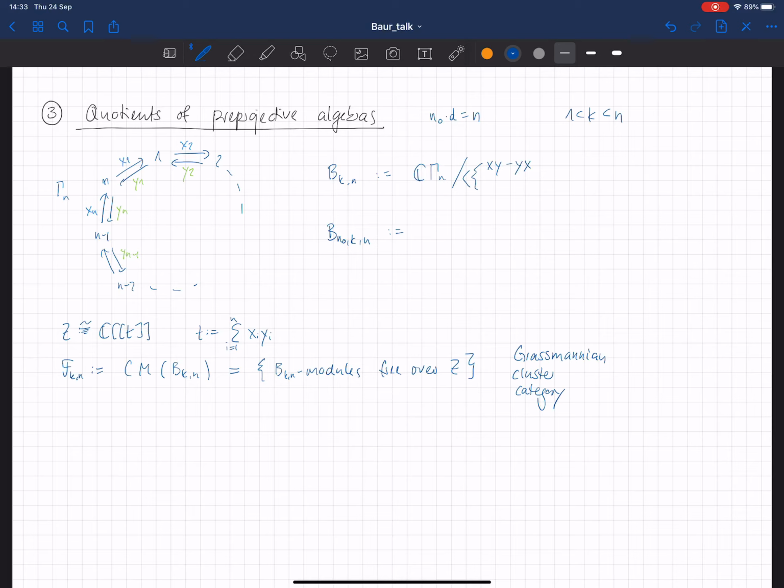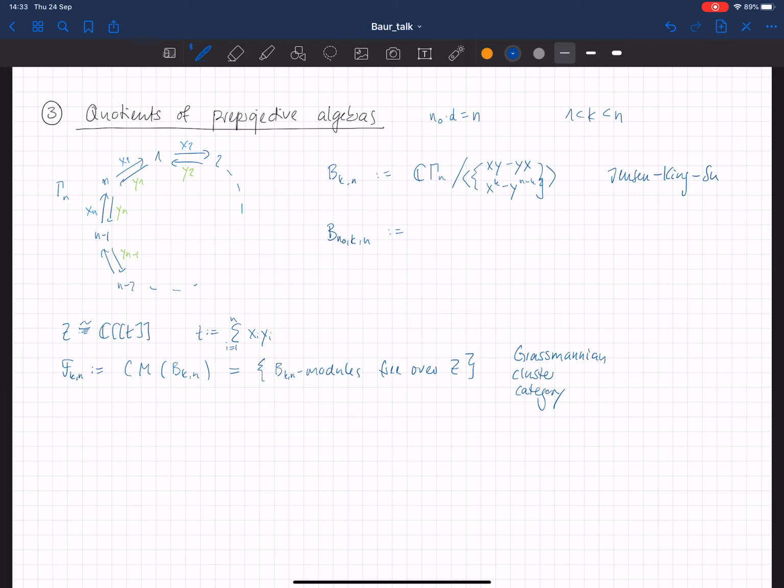So at every vertex, I will assume that this is the same as that. And that's pre-projective algebra type relations, and then also x to the k minus y to the n minus k. And this was defined by Jensen, King and Su in the work on the corresponding cluster category.